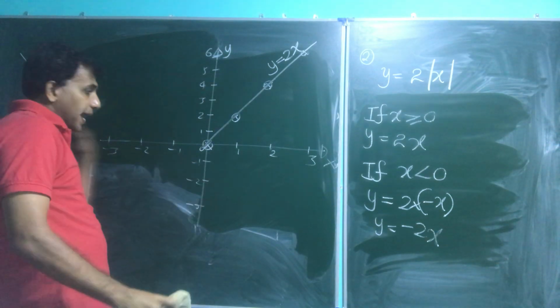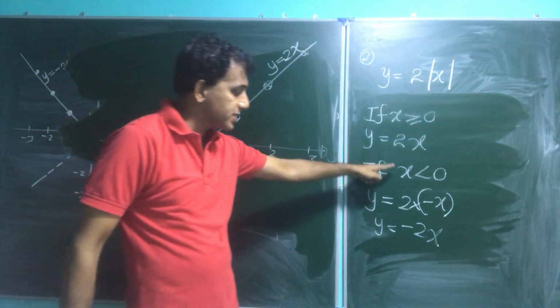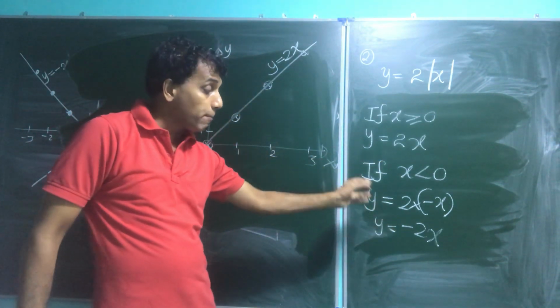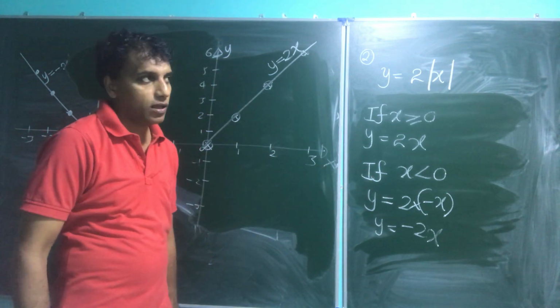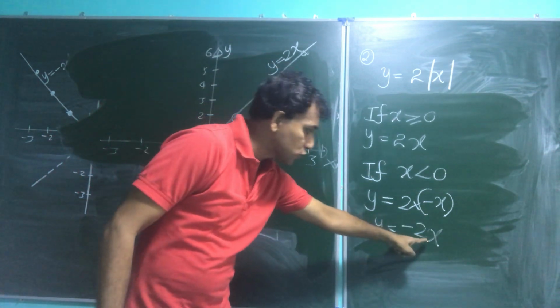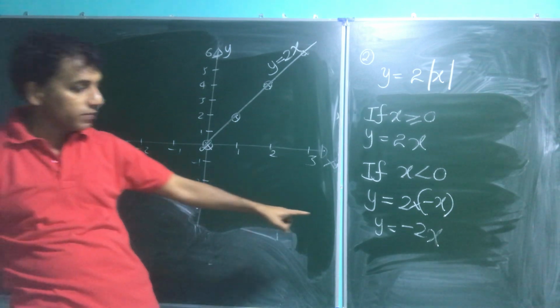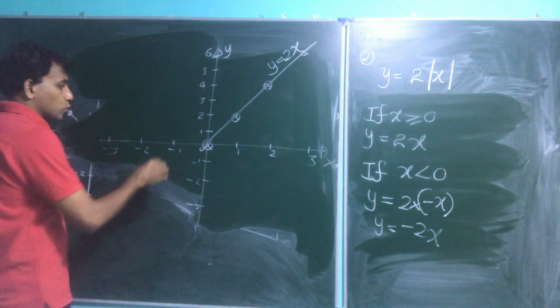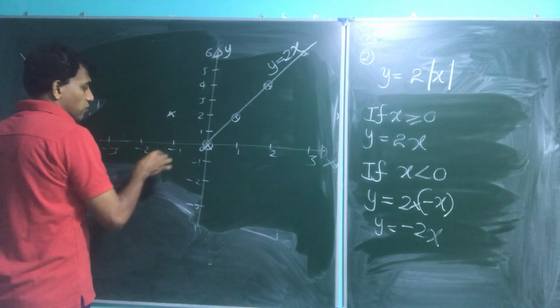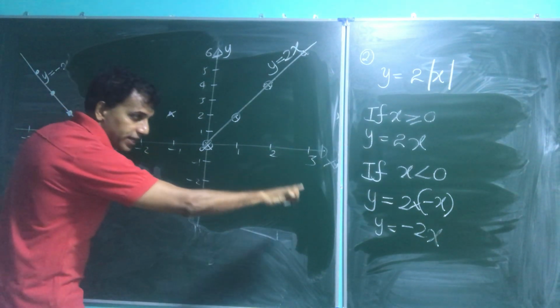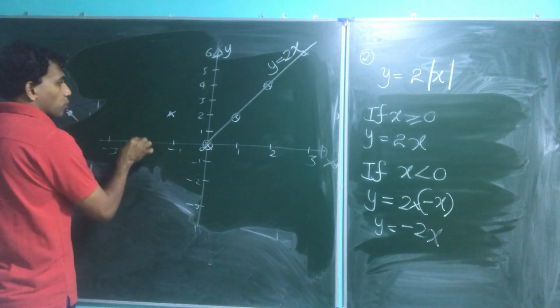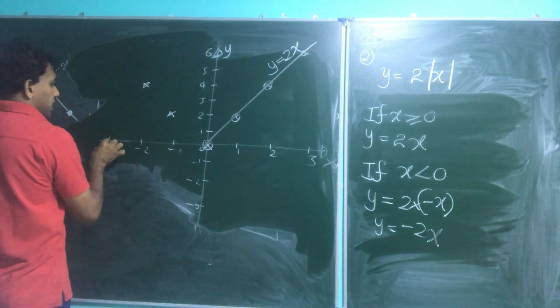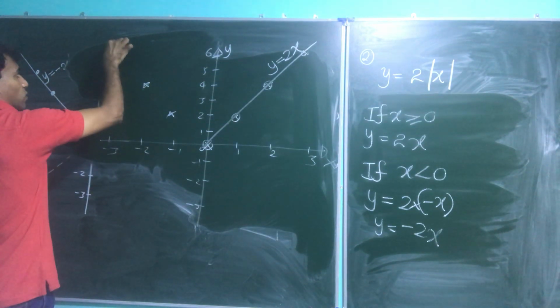Now on the negative side, x is less than 0, y becomes minus 2x. So if you put x as minus 1, minus 2 multiplied by minus 1 is plus 2. If x is minus 2, minus 2 multiplied by minus 2 is plus 4, minus 3 gives plus 6, right?